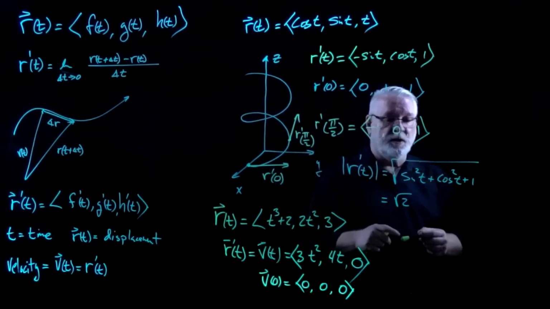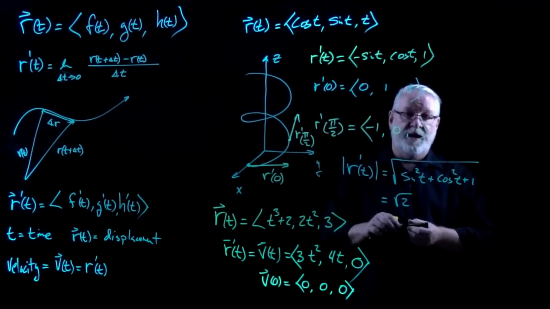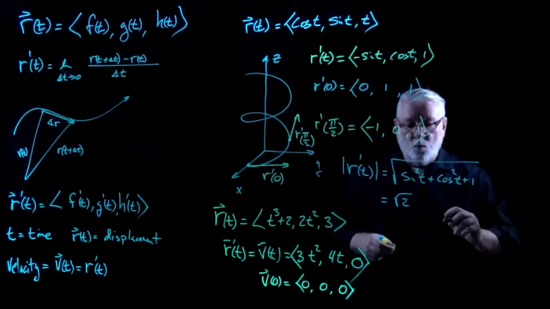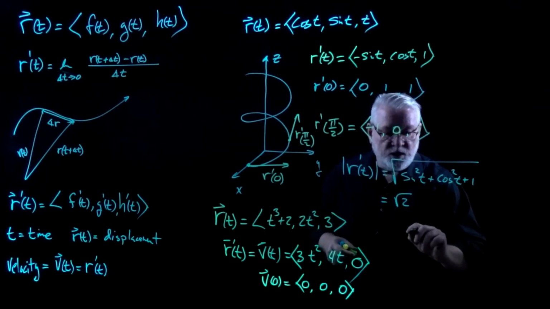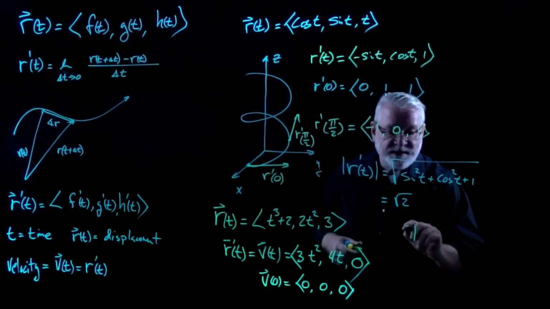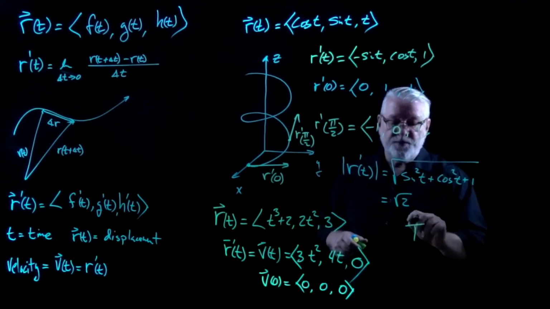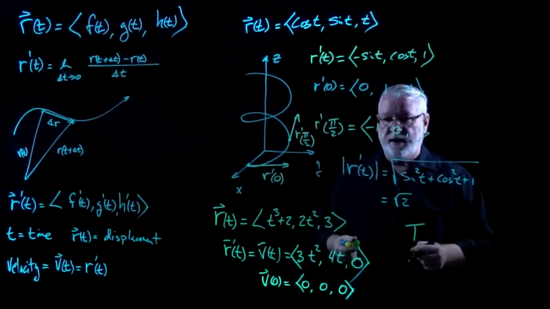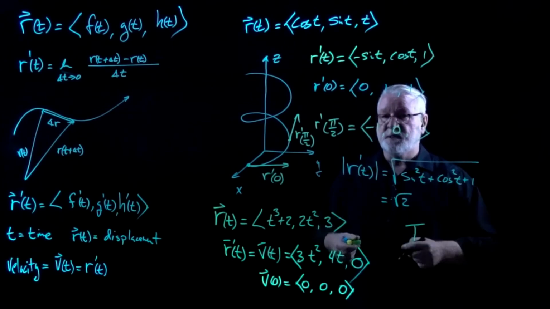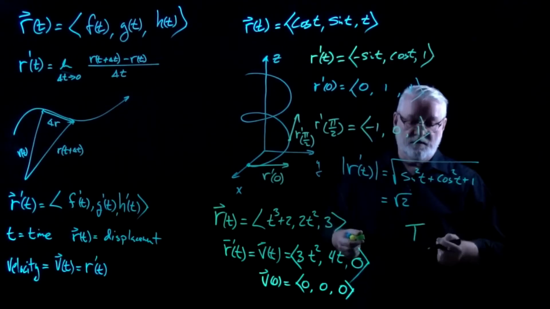We talked earlier about forming a unit vector, and that's what we're going to do. We're going to form a unit vector for r prime, and we're going to call that T. The reason we use T for this is that this represents the tangential vector, and because it's capital, it represents a tangential unit vector.